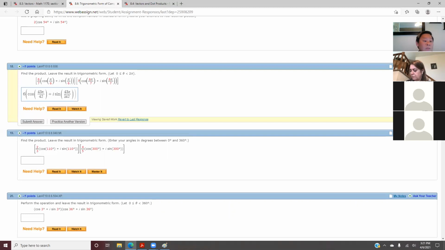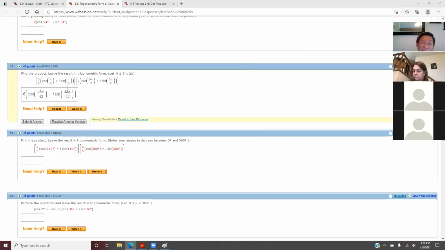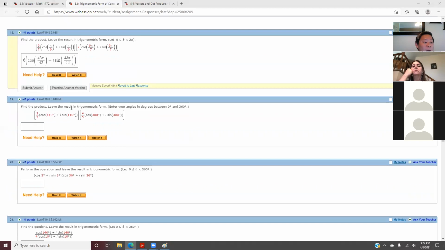So the 6 comes from the multiplying of 6, 7, and 7. The 43 pi over 42 comes from adding pi over 6 and 6 pi over 7. You guys all right here? This one in radians is a bit tough, but yes, this is correct because make sure you read it, it is between 0 to 2 pi.